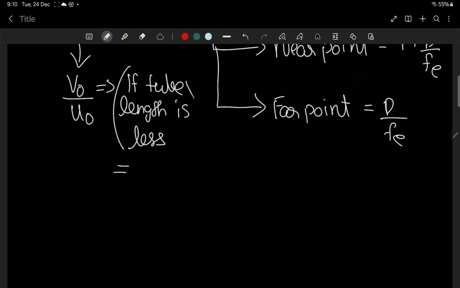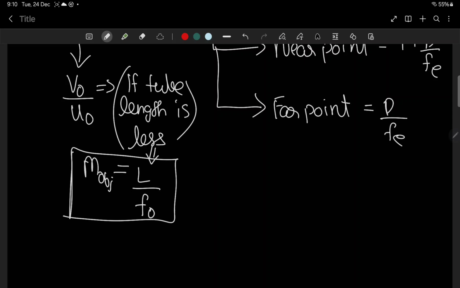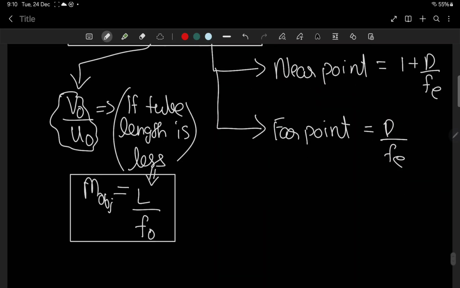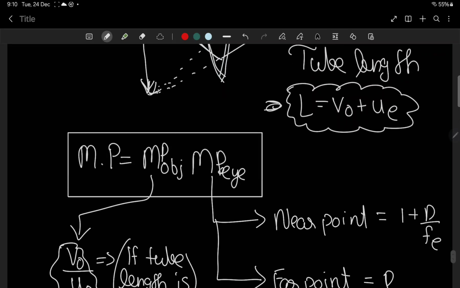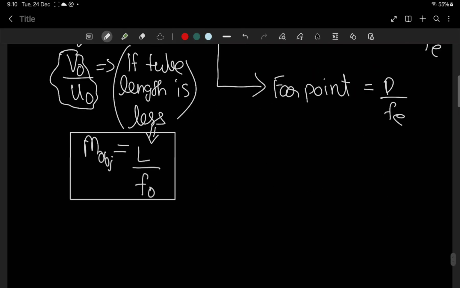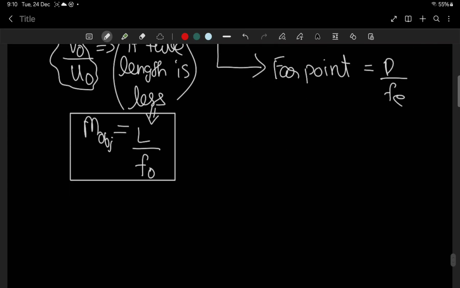Only in this special case you can use this formula: m objective is equal to L by f naught. Special condition only. So this is the formula. Now you can apply it accordingly. So this is about the compound microscope.